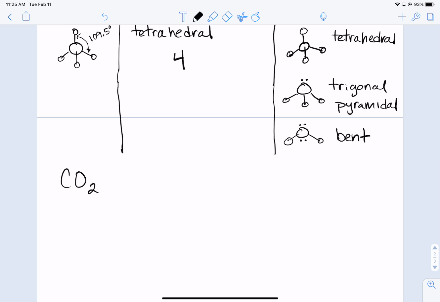Mm-hmm. Yeah. So CO2, carbon has 4 valence electrons. Oxygen has 6, but there's 2 of them. This means we have a grand total of 16 valence electrons total. Carbon would be the central atom. We'd make our skeletal structure. Those lines right there, what Abigail was asking, those are no longer lone pairs. They're shared electrons.